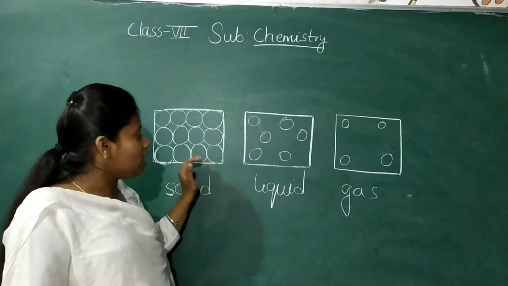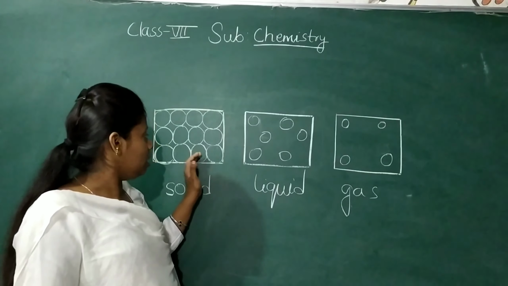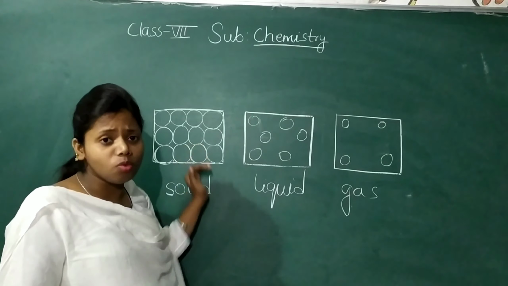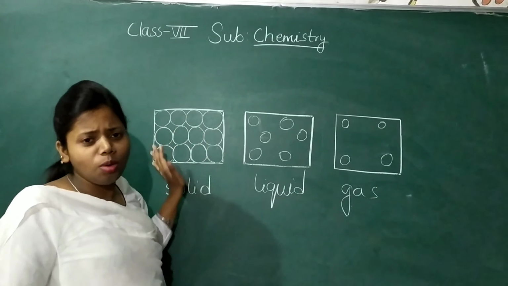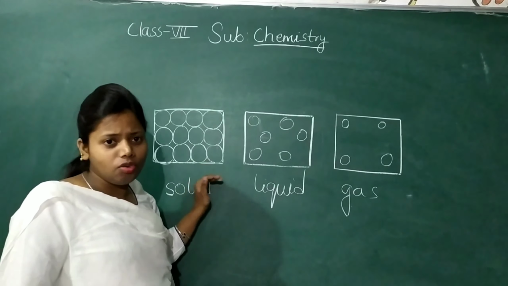They cannot move here and there, but they are in continuous motion in their own place. Why are they closely packed? Because the interparticle force of attraction is very strong. They cannot move here and there, but they are in continuous motion.